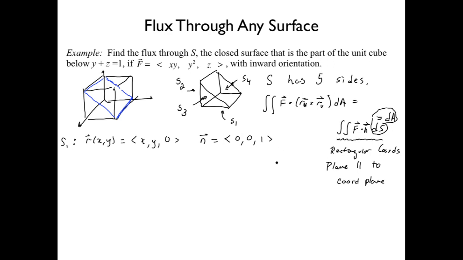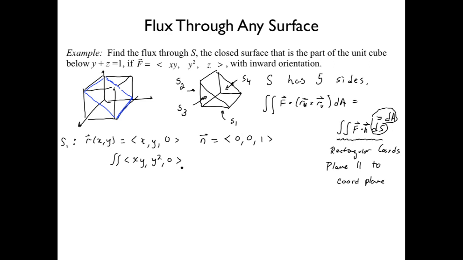Okay, and so then we can use this, right? So it'll be the double integral of F, which is xy, y squared, and what's z? z is 0.